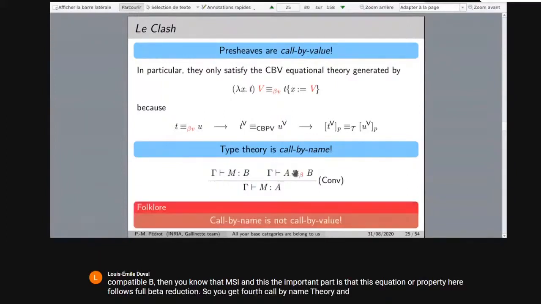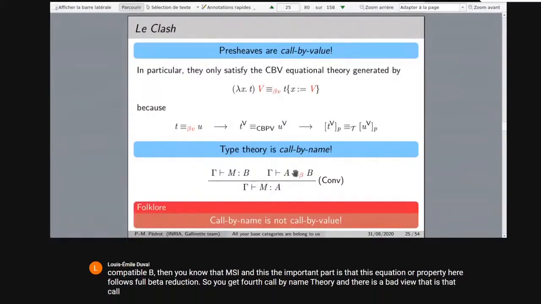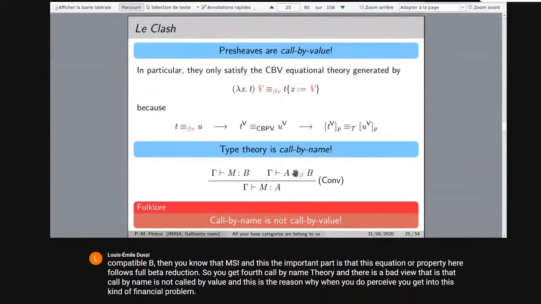And there is bad news, that is that call by name is not call by value. And this is the reason why when you do presheaves, you get into this kind of definitional problem. You don't preserve the full equational theory of call by name.